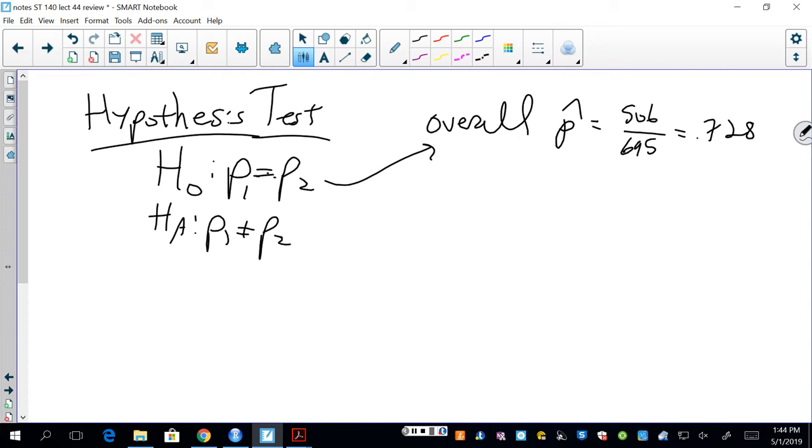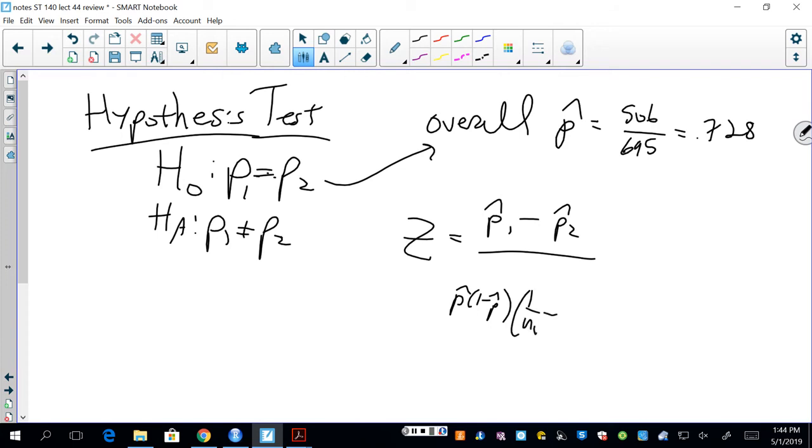For hypothesis testing, we're going to calculate a z-statistic. We're going to do p hat 1 minus p hat 2, over the square root of p hat times 1 minus p hat, times 1 over the sample size from the first group plus 1 over the sample size from the second group. That is our standard error. We compare the z-statistic to a standard normal. If it's much more than 1.96 or less than negative 1.96, then these groups are going to look different to us.